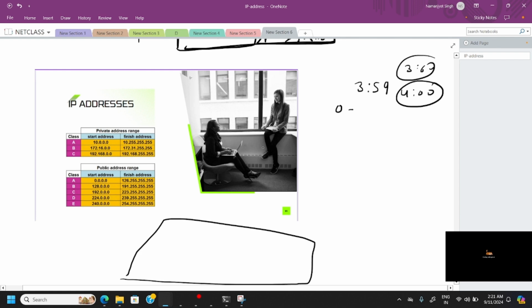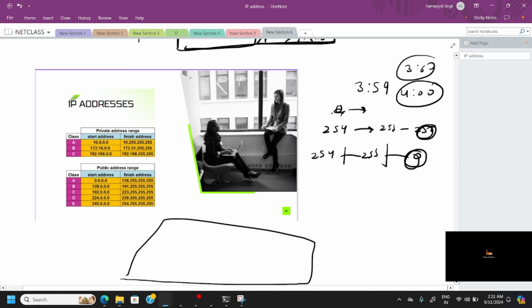After 254 there is 255, and after 255 there is no 256, there is 0. So 254, 255 and then 0. Same concept as the clock. So the maximum value it can go is 255.